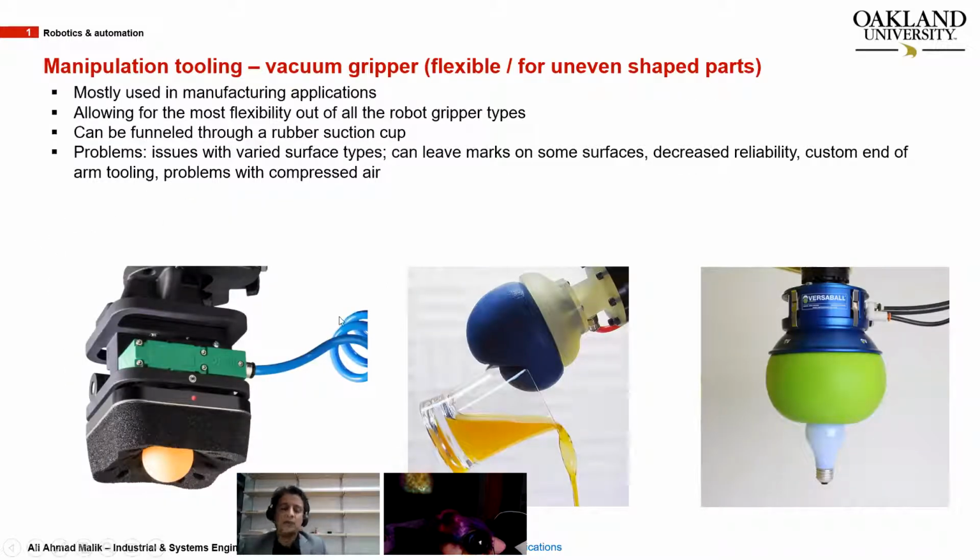And then there are more of these kinds of grippers, which are also vacuum grippers, but they are more flexible. As you can see, they don't have any permanent shape. Rather, they just fit into the component that they need to pick, and then they create this vacuum grip and then pick the component.